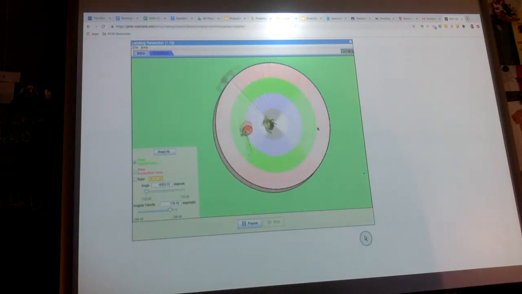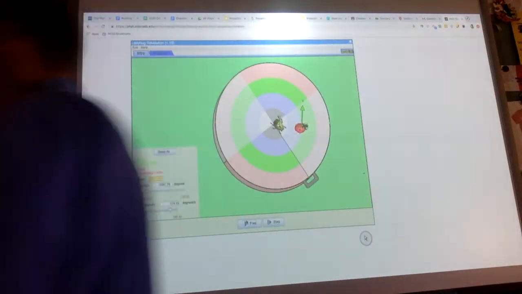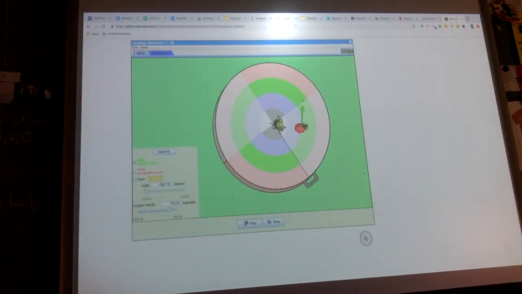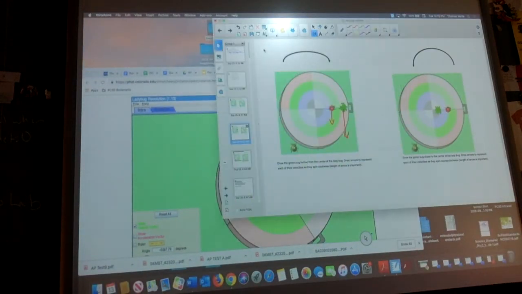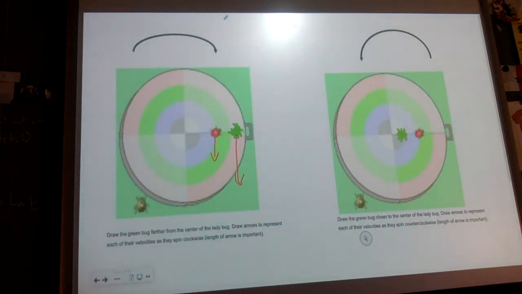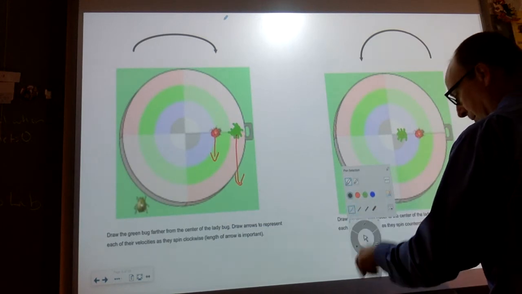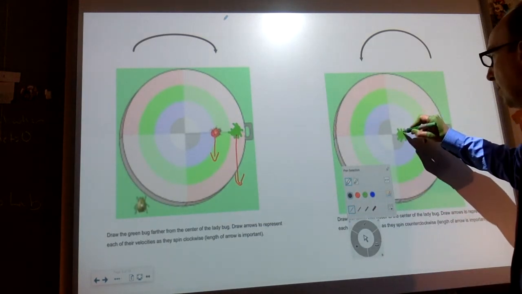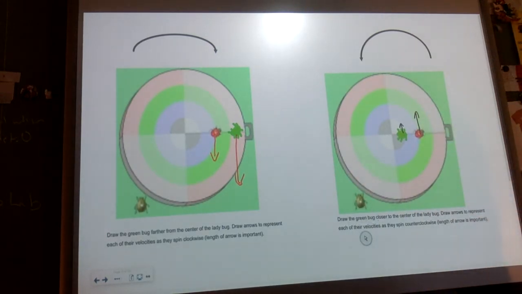Now, if it's closer to the center, it's going to be a shorter arrow. If they're lined up, they should both have arrows going in a straight line. This one is shorter than that one.